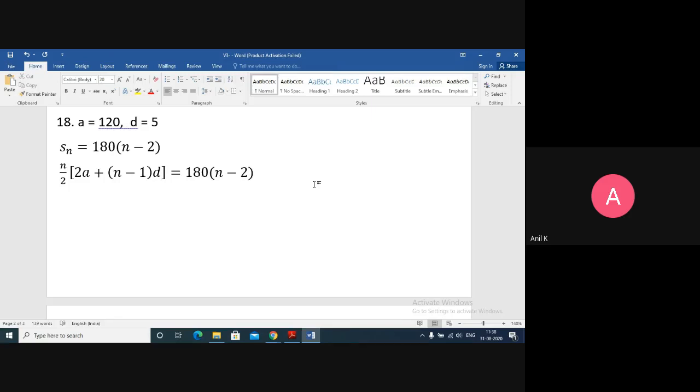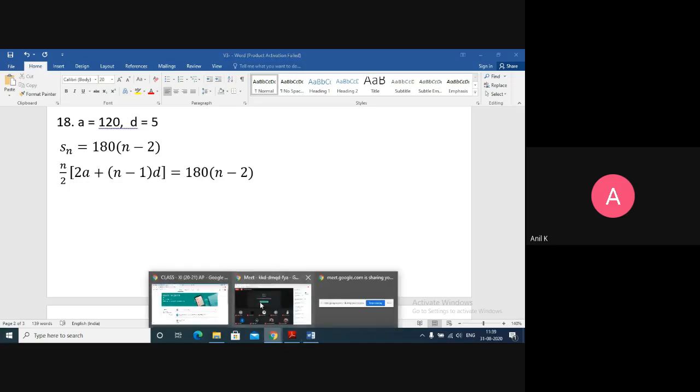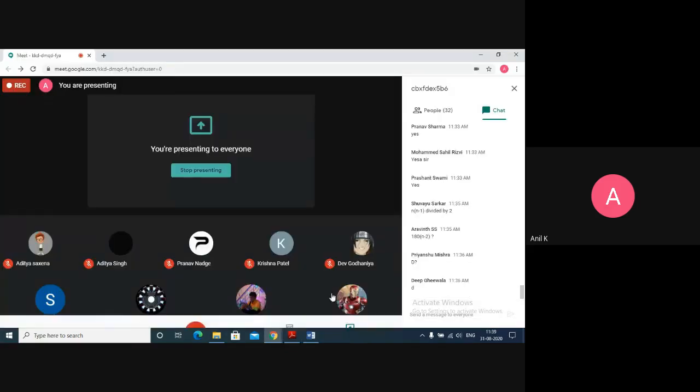That means even if the polygon has 9 sides, your smallest angle will be 120 and other angles will increase by 5. Even if you have 16 sides, your smallest angle will be 120, then other angles will increase by 5. Both the answers are correct. I hope you can solve this one. Yes.